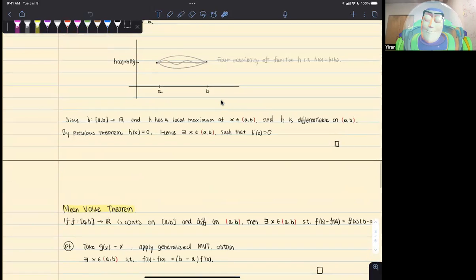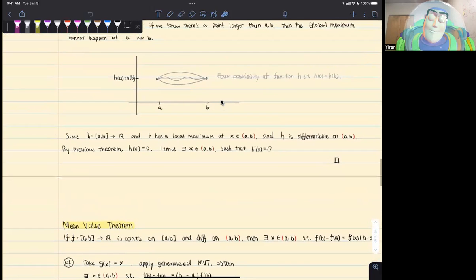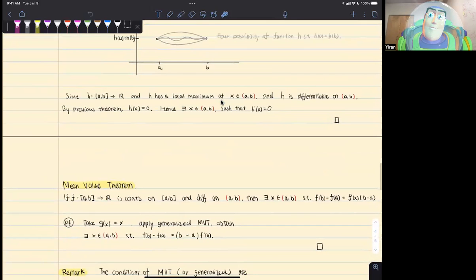So that comes very quickly. Therefore, the condition of the previous theorem is satisfied, and we can use that to obtain the result h prime of x is equal to 0. And therefore, we're done with proving the generalized mean-value theorem.